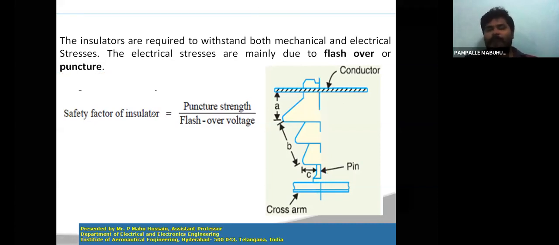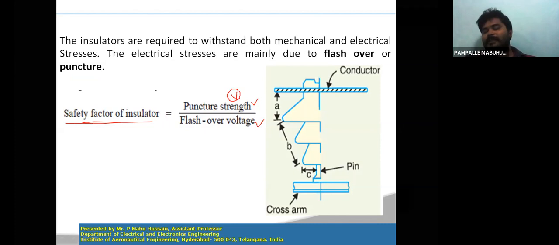Here you can define one term, which is the safety factor of the insulator. The safety factor of the insulator is the ratio of puncture strength to flashover voltage. Puncture strength is also a voltage. As we go on increasing the voltage, at a particular voltage this insulator may be permanently damaged.